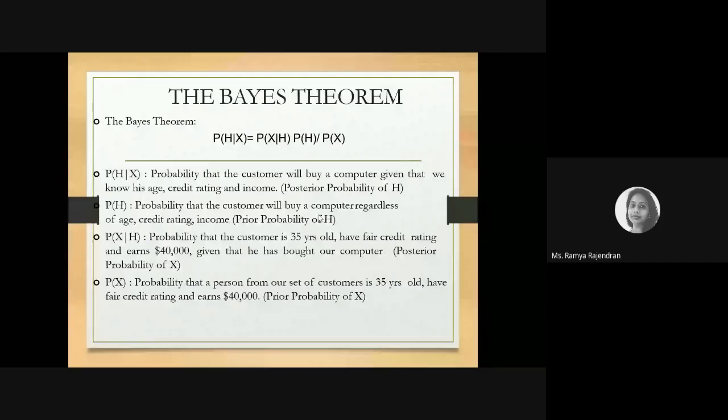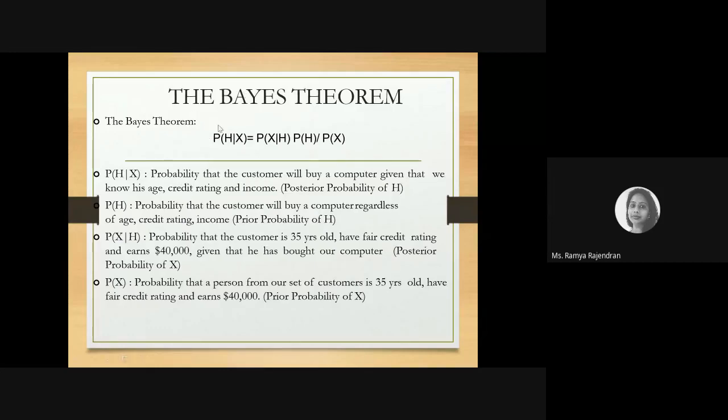I'm just assuming whether the person will buy a computer or not, which is the probability of H. P of X is the probability that, from a set of customers, the person is 35 years old, has a fair credit rating and earns 40,000, which is the real probability of X. And the probability of H given X is the probability that the customer will buy a computer if we know his age, credit rating, and income.